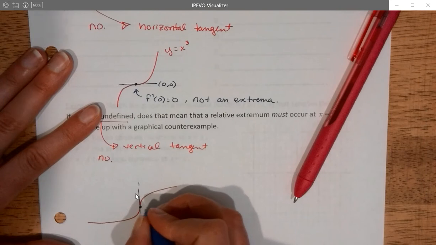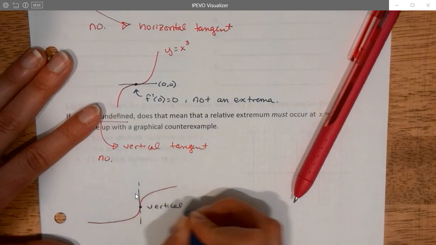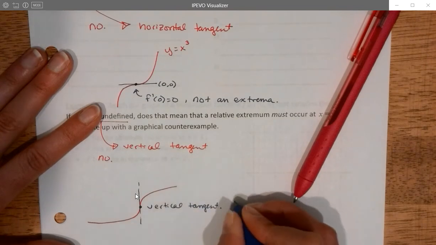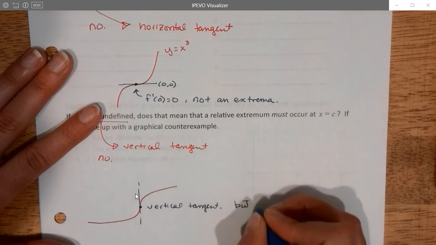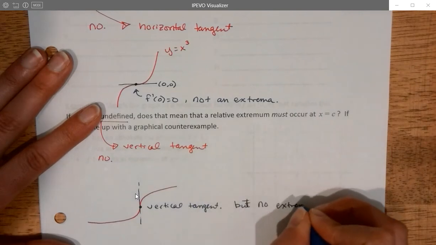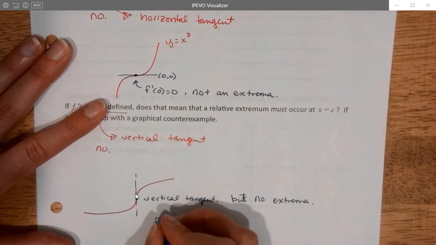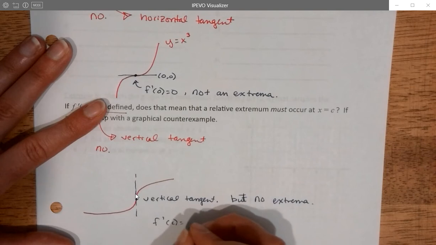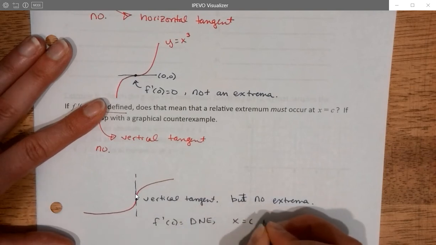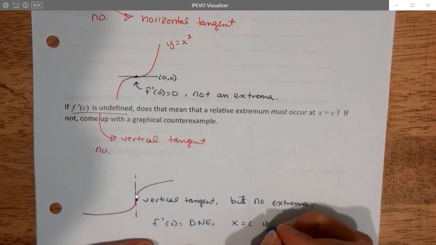So at that point C, there is a vertical tangent, but no extrema. So we do have f prime of C failing to exist, but x equals C is not an extrema.